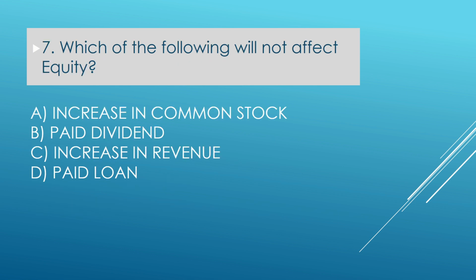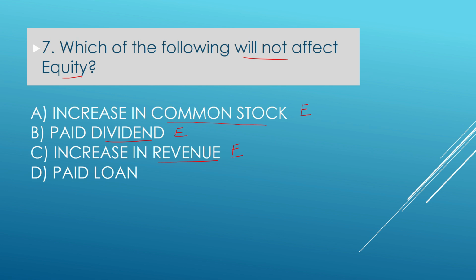Which of the following will not affect equity? Let us see. Increase in the common stock. Common stock is an item of equity, so it will affect equity. Dividend is an item of equity, so it will affect equity. Increase in revenue is also an item of equity, so it will affect equity.